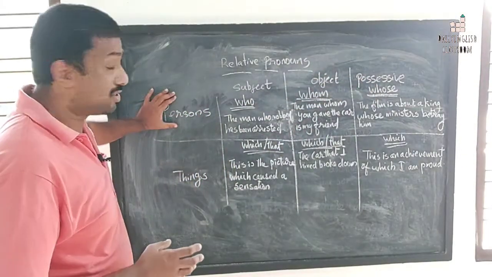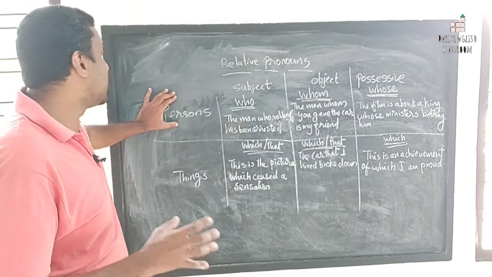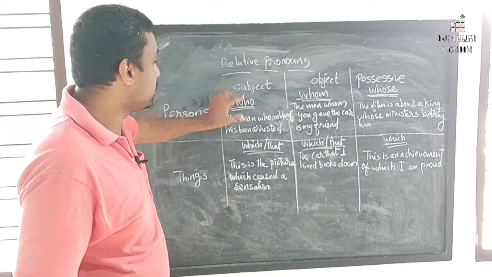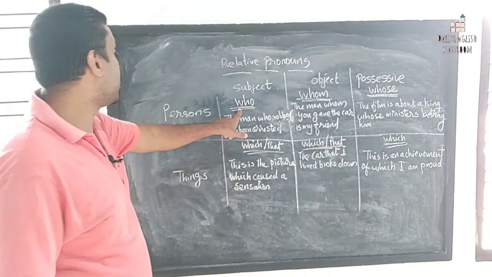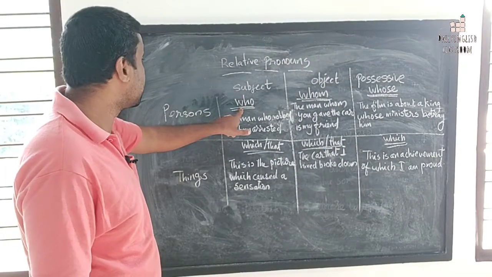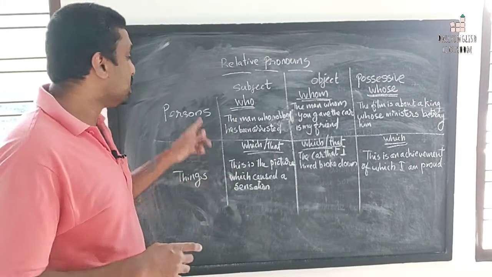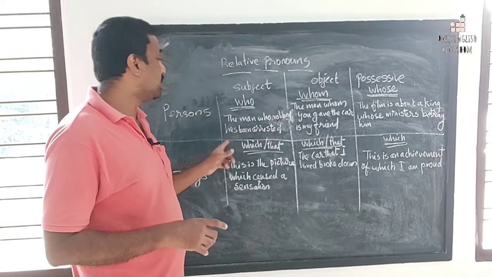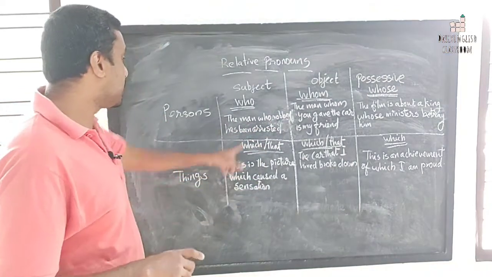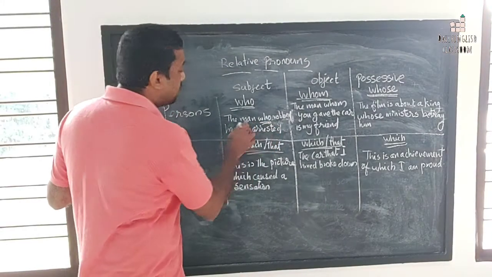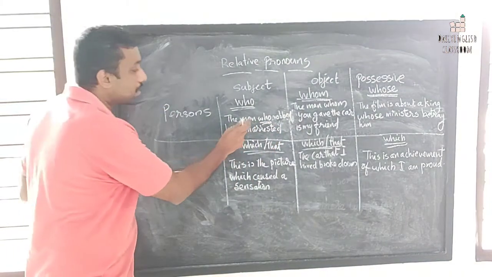So for persons, generally we use the relative pronoun who. I told you already that this is the relative pronoun that we use for a person. So who, for example, the man who robbed has been arrested. So here this relative pronoun who is referring to the man or to a person.